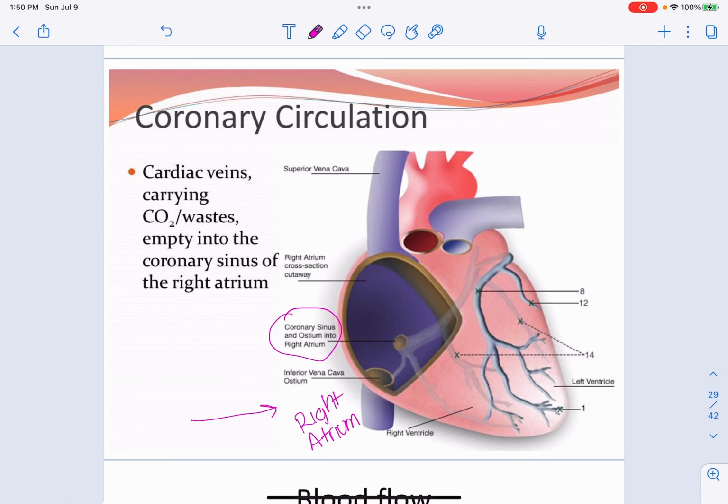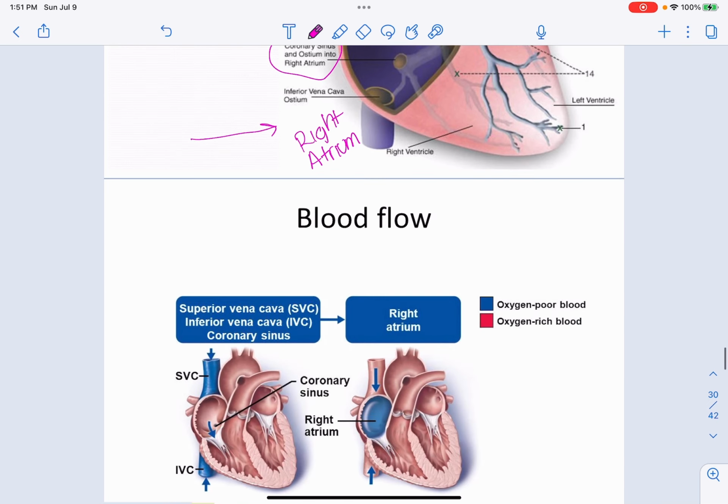Again, these veins, they're carrying carbon dioxide because they've gotten rid of oxygen. They're carrying waste, and that is what's going to empty into that coronary sinus. And then that blood will head back towards the lungs. And to prevent this lecture from getting too long, I just want to tell you that some of the slides that I inserted next, I think I found in your textbook, go over blood flow.